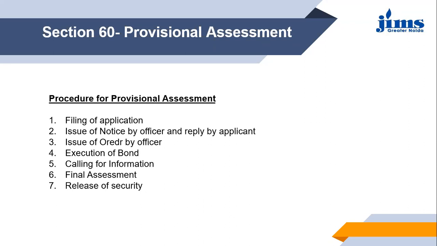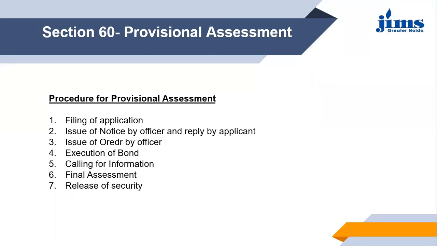That can be the bank guarantee for an amount as specified in the order given by the proper officer. So the bond furnished to the proper officer shall be deemed to be a bond furnished under the CGST Act, and accordingly the payment, after the final assessment is done, will be made accordingly.